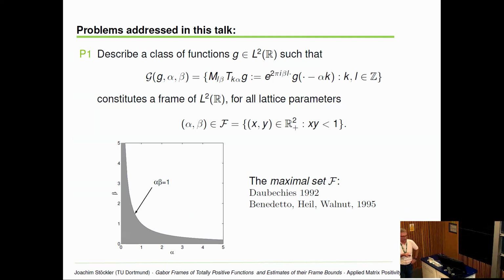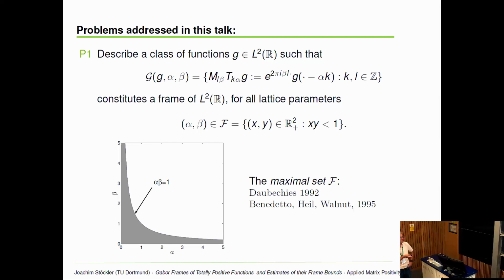And one of the questions addressed in Charlie's talk was, what are families which generate this maximal set alpha beta less than 1, where you can choose parameters alpha and beta, which just satisfy this condition? What type of functions can you define such that all Gabor families are in fact Gabor frames? The white region is excluded by a necessary condition. It doesn't need to be considered further.